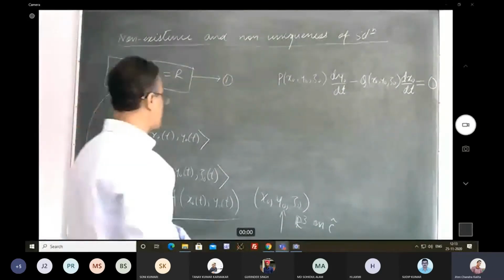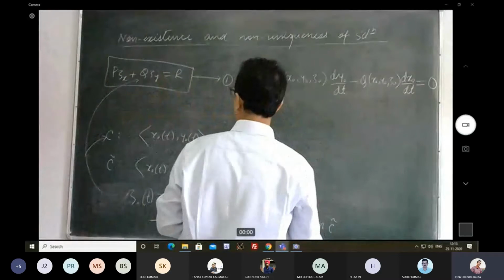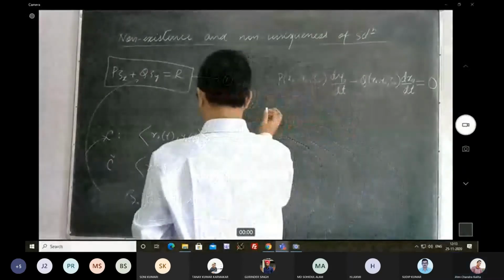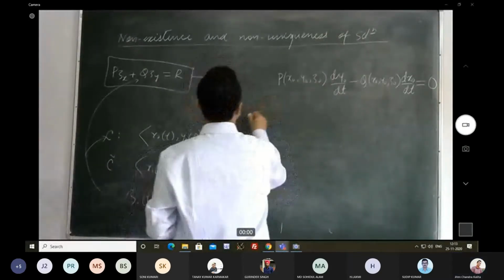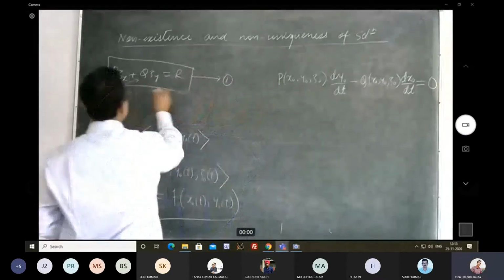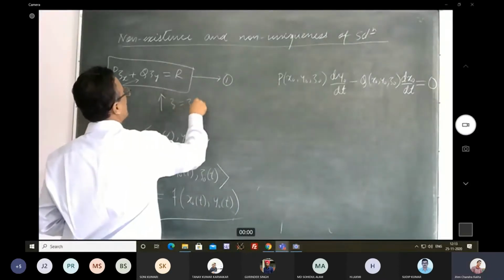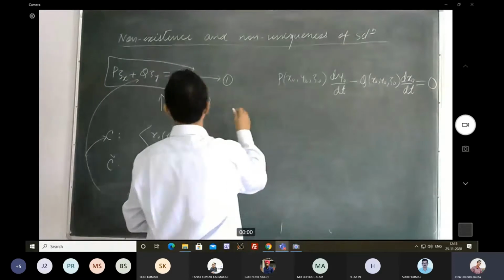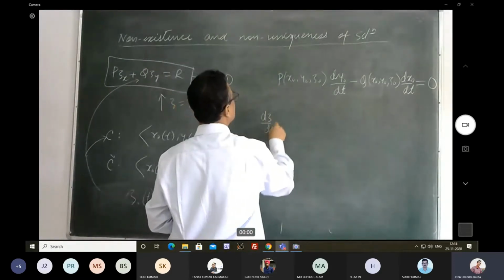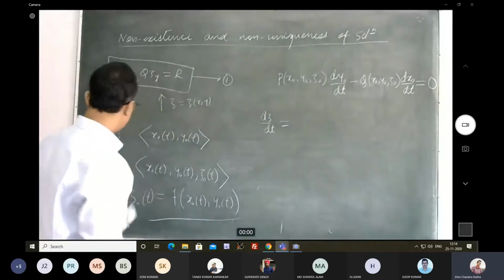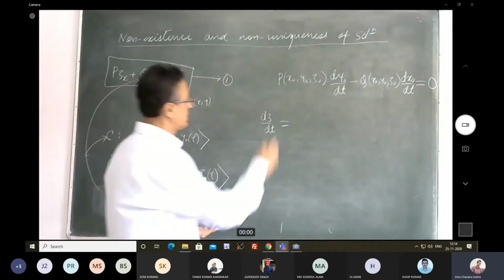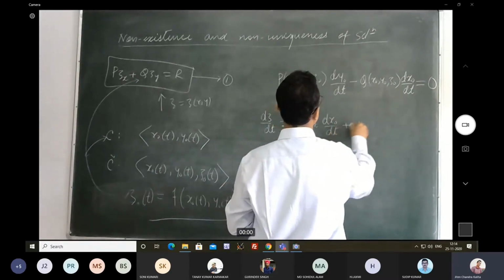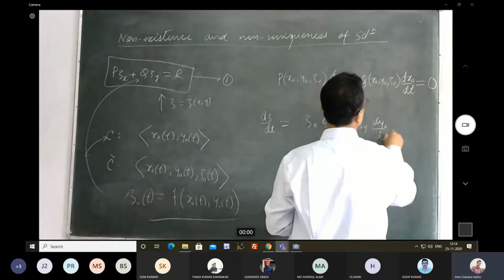And as I have told you yesterday, suppose your z is a solution of this equation. So now if I want to find out, say, dz dt along the curve C, then as I have told you, this will be nothing but your dx naught dt plus this, right?